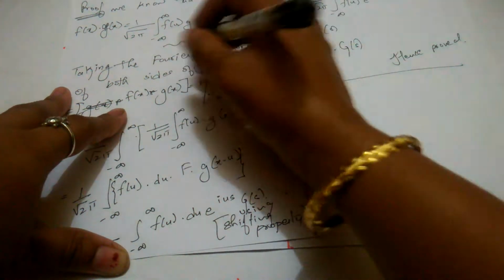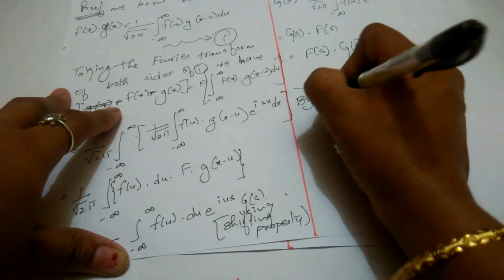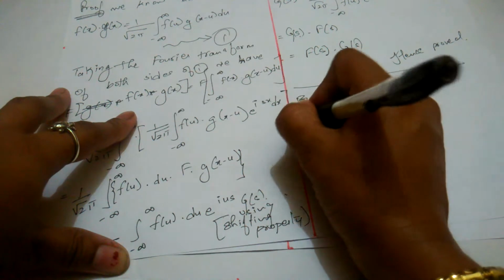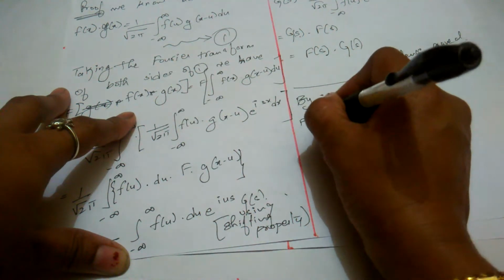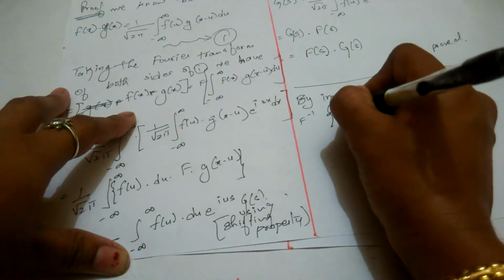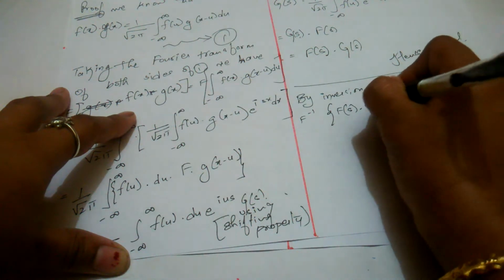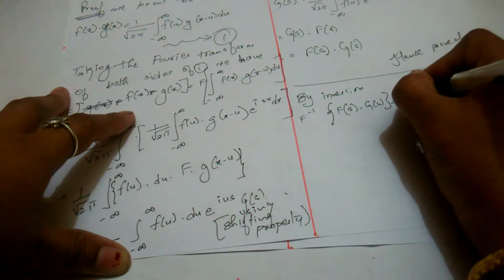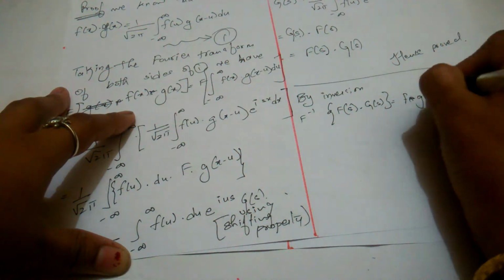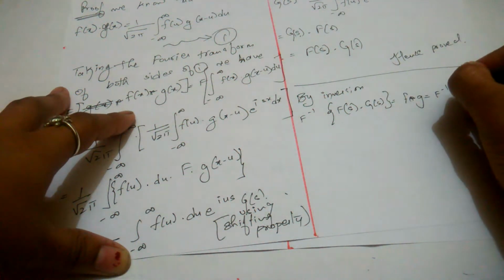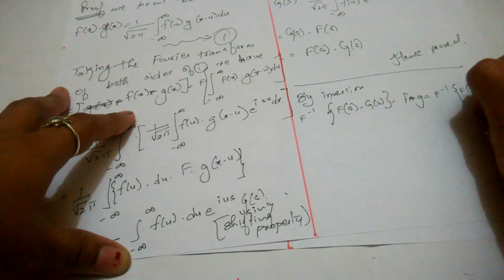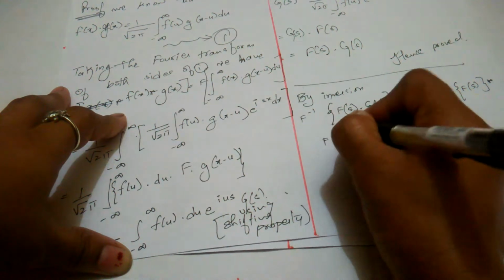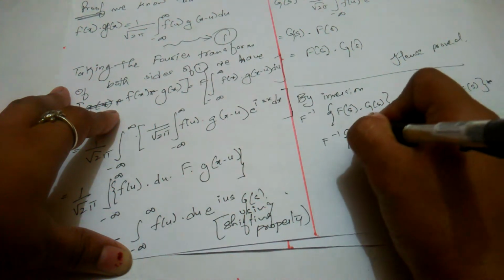And the inversion for this also: by inversion, F inverse of f of s into g of s is equal to f convolved with g, which is equal to F inverse of f of s into F inverse of g of s.